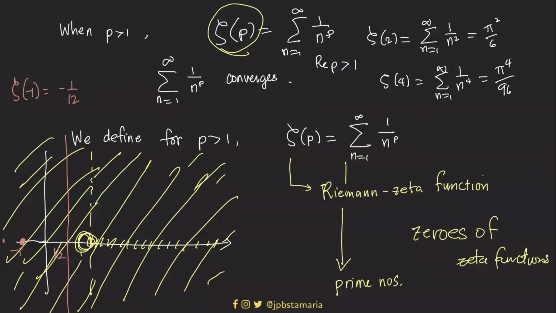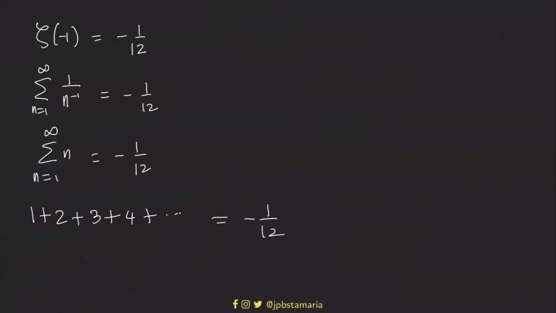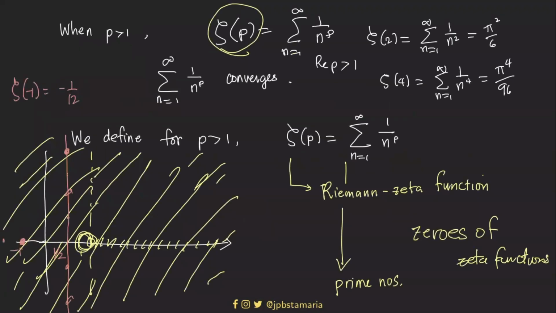Pag na-prove mo na yung mga zeros ng Riemann zeta function ay nandito sa line na ito, anywhere, somewhere there. Yun ang kailangan mo ma-prove: kapag ang zeta of z is 0 implies the real part of z is 1/2, ibig sabihin nandito siya sa vertical line na ito.